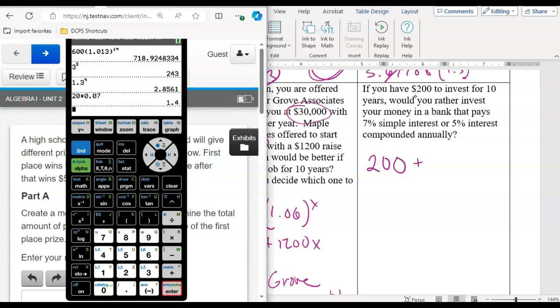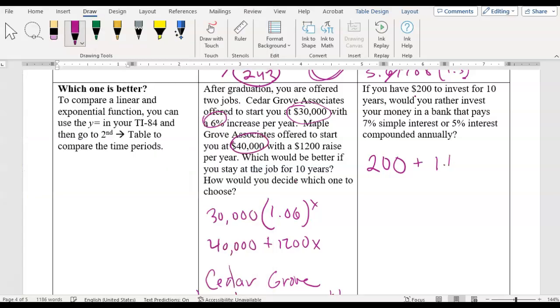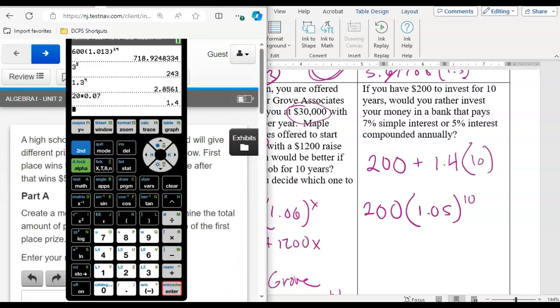So 200 plus 1.4 each year, or would I rather do 200 times 1.05 to get our percent interest compounded annually for 10 years? So I put the 10 in there because we said 10 years. Let's also change this one out for 10 years. And then you want to calculate which one would be the better deal.